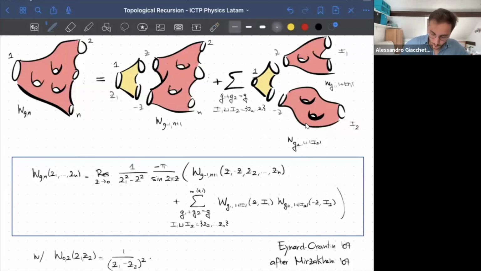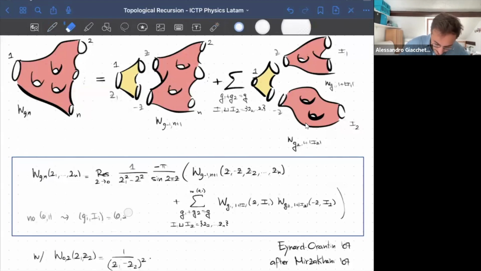So again, just to be more clear, this no (0,1) means that you cannot have g_i and I_i equal to 0 and the empty subset.